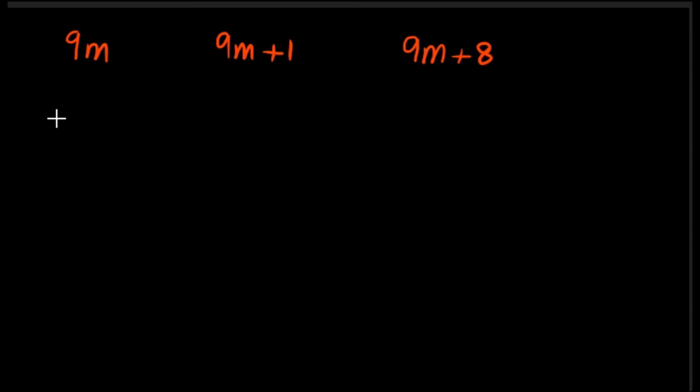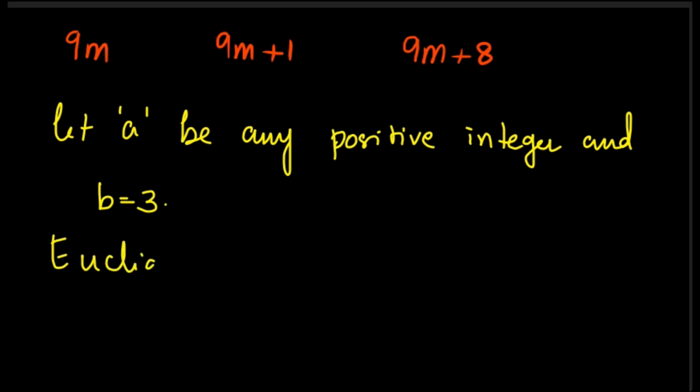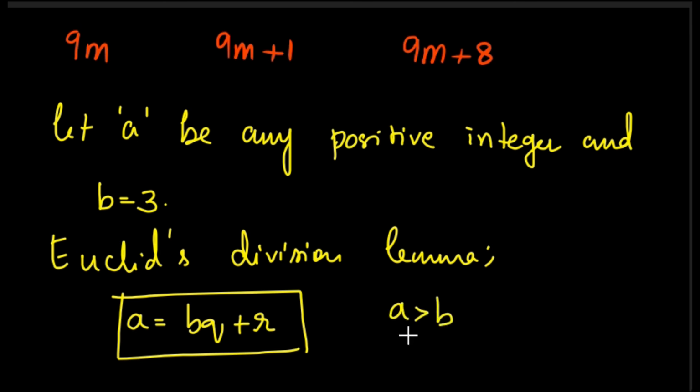Now, let a be any positive integer and b equal to, यहाँ पे 9 है, b की वैल्यू हम 3 लेंगे. यूक्लिड्स डिविजन lemma a equals bq plus r, where a is greater than b is greater than r is greater or equal to 0.